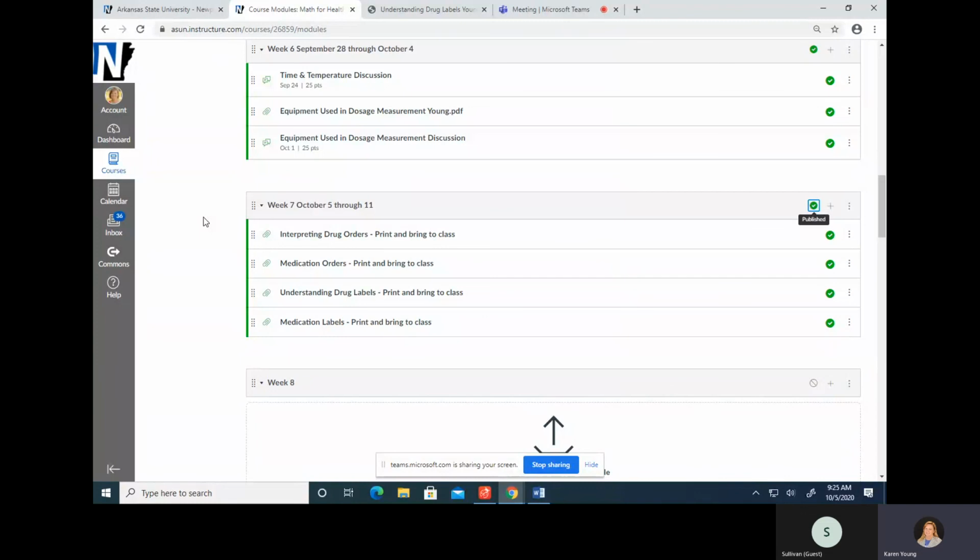I can't think what the other one was, I think it was total amount. Be able to identify those on the label. You're going to have to be able to use that label to calculate your dosage, because that's what I'm focusing on, the calculation part.